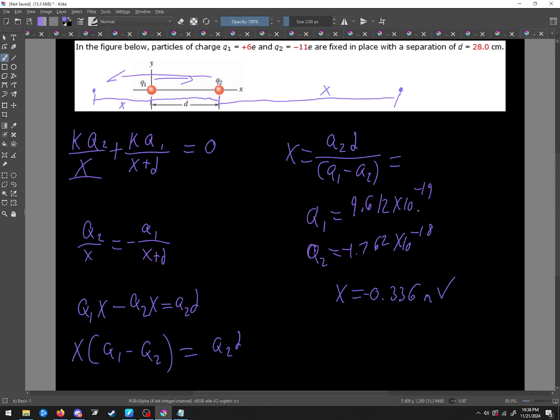Now we're going to do that, and we're going to multiply. Let's see. 9.62 times 10 to the minus a negative 1.762 times 10 to the 18.